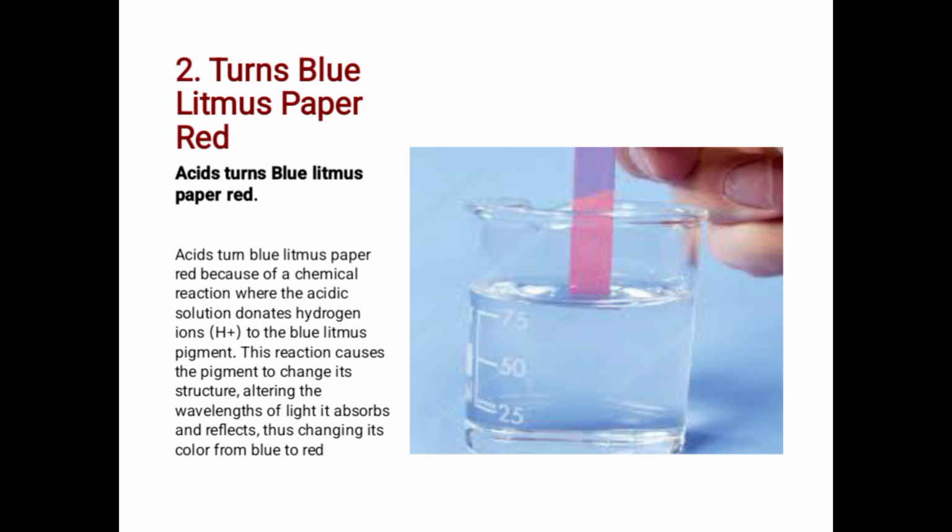Just gently dip the blue litmus paper into the acid solution. What you will see is what you are seeing here. The blue litmus paper has turned red, signifying the presence of the acid.